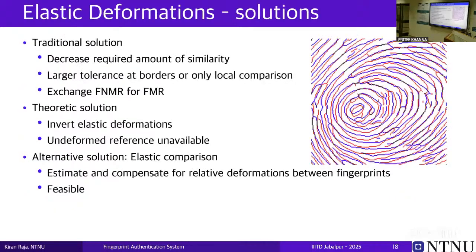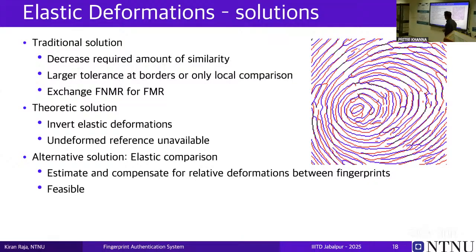So what do we do? So the elastic deformation, something like this, right? You have these images which are captured in three different captures. You see that there is a red line, there is a blue line, there is a black line. Okay? So just try to focus a bit on this figure, and you can see that the information that was here has now moved to some other place, right?